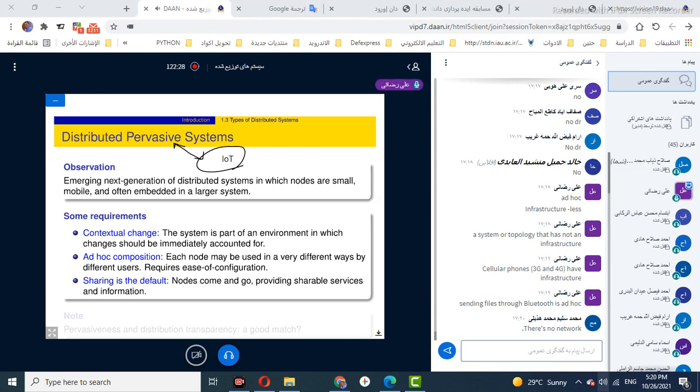Okay, we have the ad hoc model. Yes, there's no network, for example, on the moon, but in that exact location, you can transfer files with your Bluetooth, because Bluetooth doesn't need any infrastructure. You just need to be near your friend.